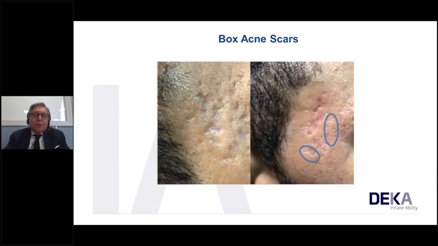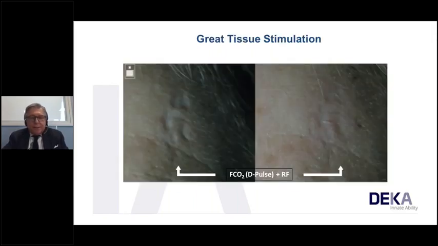First fractional to stimulate, and we will see the results in 2 months, because you know that for getting new collagen, from collagen type 1 to collagen type 3, new elastic fibers and so on, we need more than 1 month. So we have to wait. In the meantime, we treat the edge with the surgical laser so that you can have a double action on the skin. That is very interesting as a tip, as a trick in the treatment of acne scars, but not only.